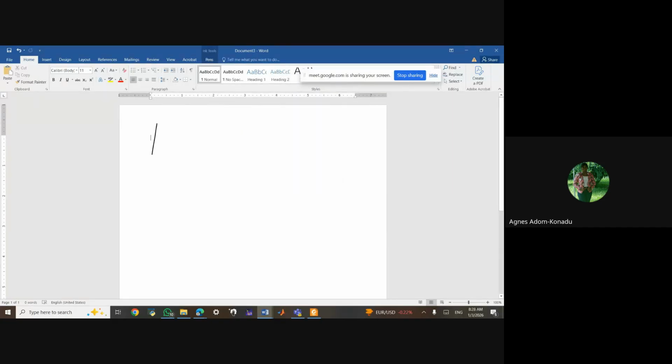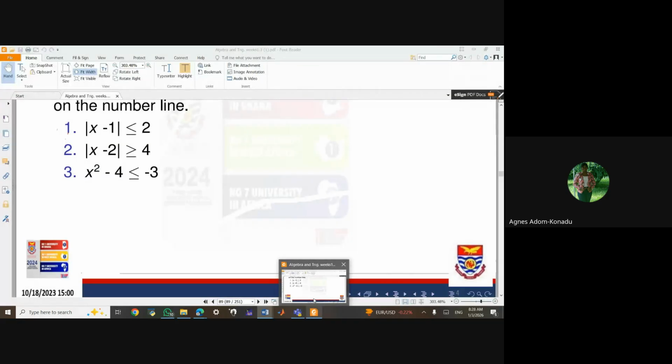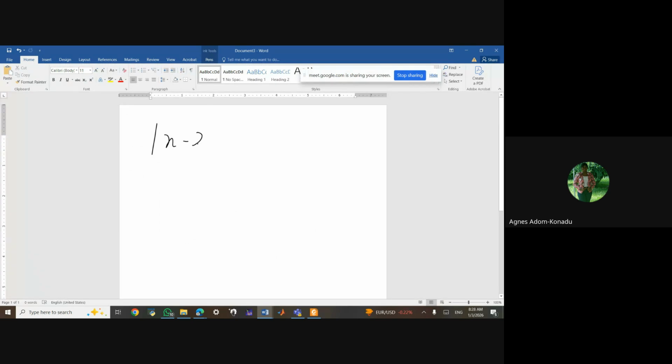So you have absolute of x minus 2 greater than or equal to 4. Then we're told that absolute of a greater than or equal to c will give me a greater than or equal to c, or a less than or equal to negative c.